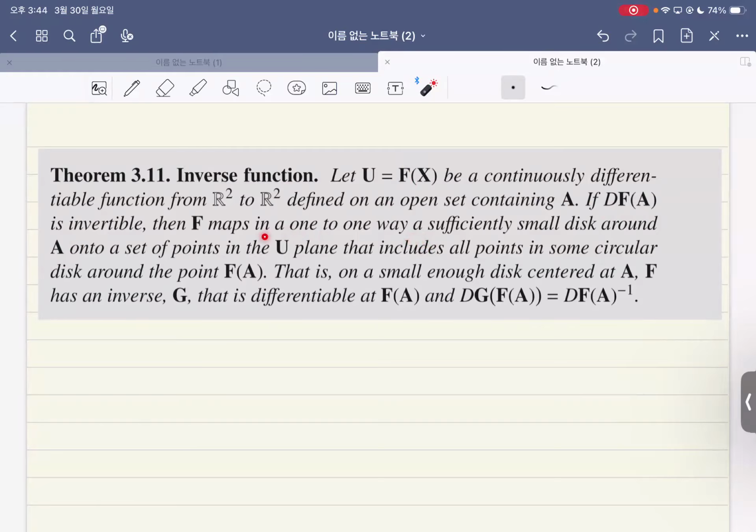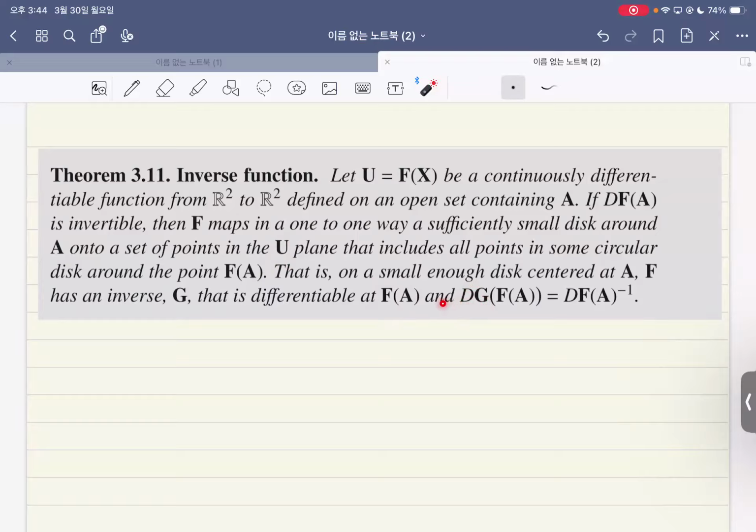So you can find a small neighborhood around A, mapped onto a set of points in the uv plane. Also, this inverse function is differentiable at the point f of A. What is the matrix derivative of this inverse function?